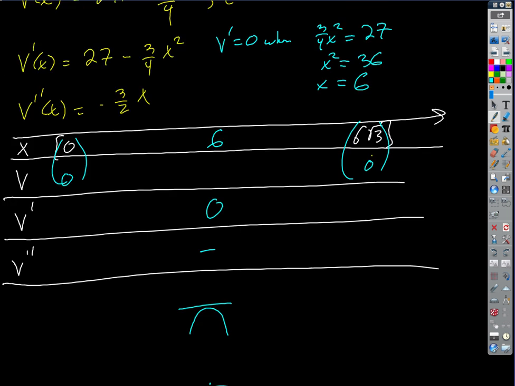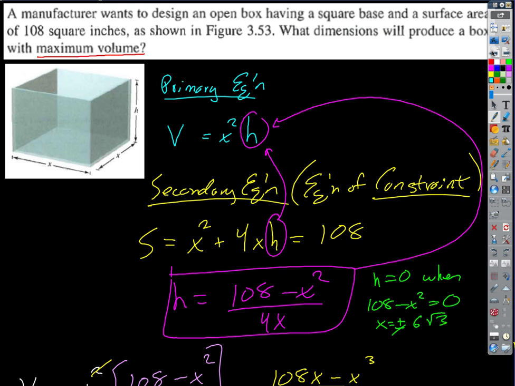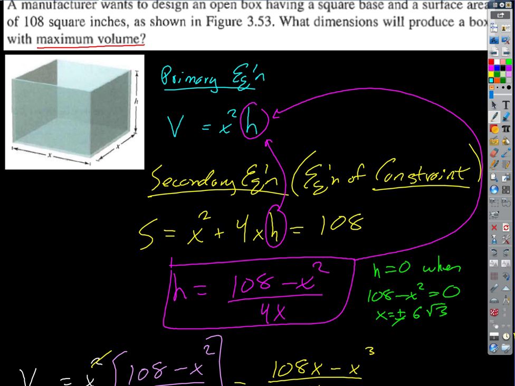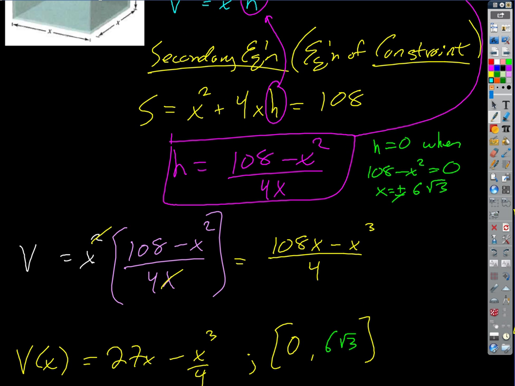So what did the question even ask? Now we go back and find one of the dimensions. We know that x is 6. How would we find h? Go back to the substitution equation that we put a box around. If I plug in 6, I'm going to get 108 minus 36, which is 72, divided by 24 is 3.